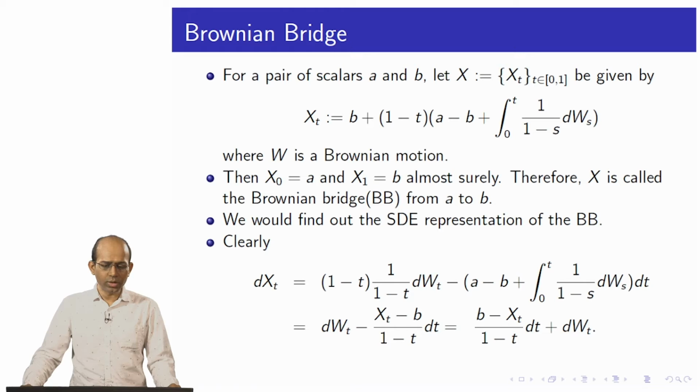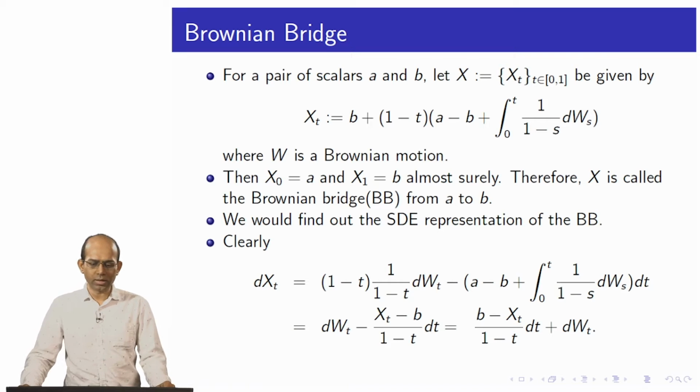What we do is write down dx t here, taking the differential from both sides. This is constant, so it vanishes. From here I would get minus dt, and this is a product, so minus dt times this part, and (1 minus t) times again the differential of this, that is 1 over (1 minus t) dW t.